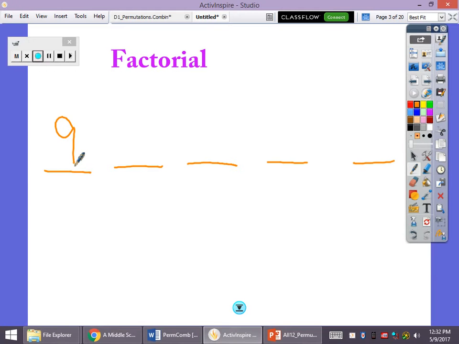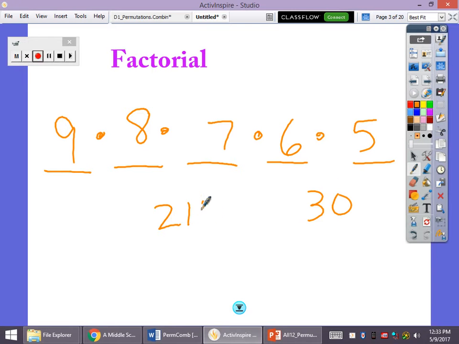So instead of having 9, now I have 8, and then I have 7, 6, and 5. Using this, we end up with 30 times 7 is 210. 210 times 72 is 0, 2, 4, 20, 0.